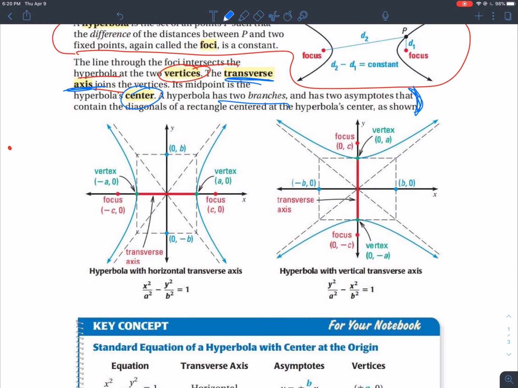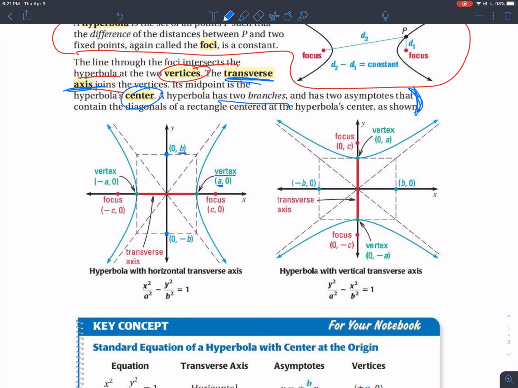Okay, and then again, please, as with an ellipse, the letter A is associated with the vertex. Okay, and in an ellipse, the letter B is associated with a co-vertex. This is not called a co-vertex, but it is an important point for us to be able to draw the box that gives us the diagonals that form the asymptotes.